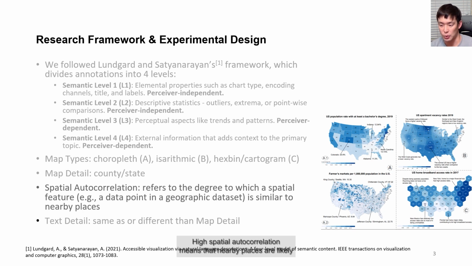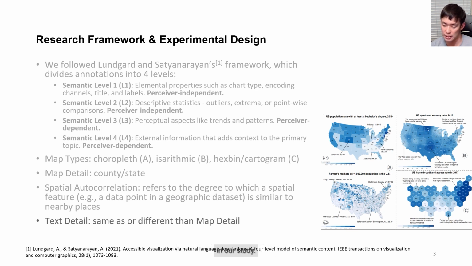High spatial autocorrelation means that nearby places are likely to have similar values, revealing clusters or patterns that can be important for certain analyses. Finally, text detail must be thoughtfully aligned with map detail. If the map shows state-level data but the text dives into county-specific statistics, then we consider it misaligned. Conversely, when they're in sync, we consider it aligned. This is a concept that, to our knowledge, is only used in our study.